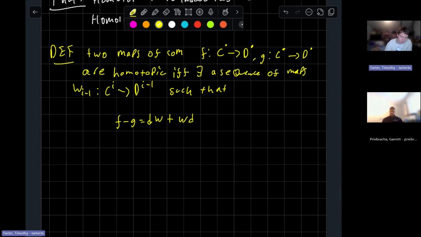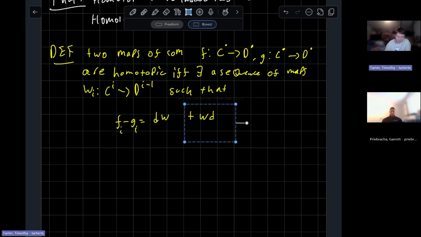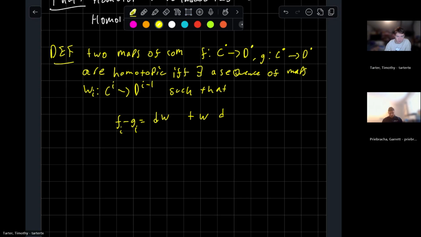Then this should be WI, WI such that FI minus GI is equal to WI, WI minus 1.